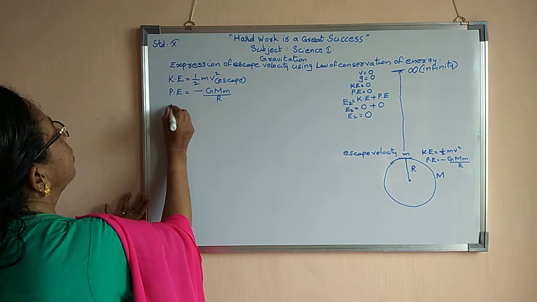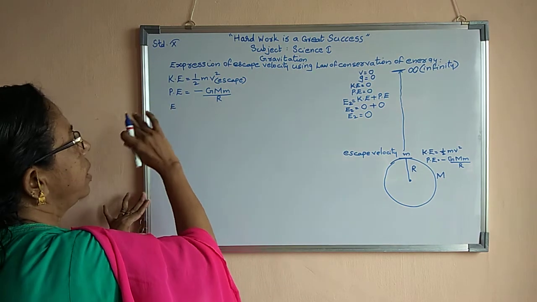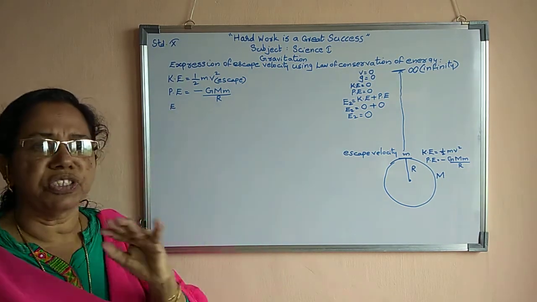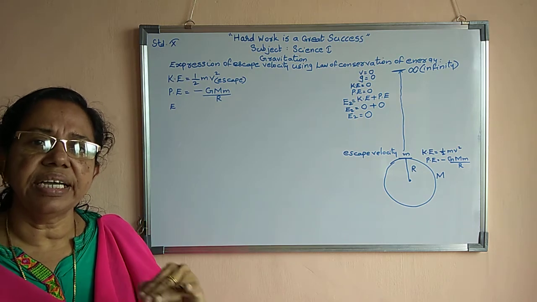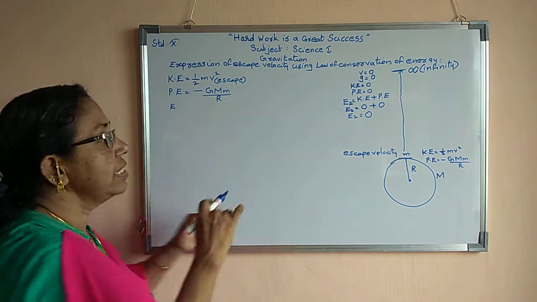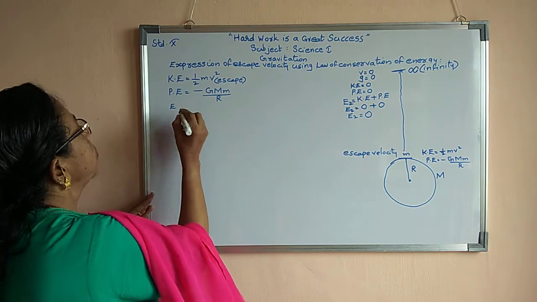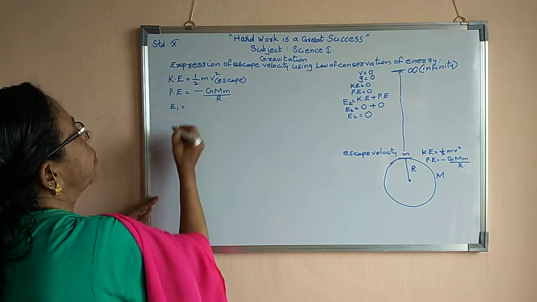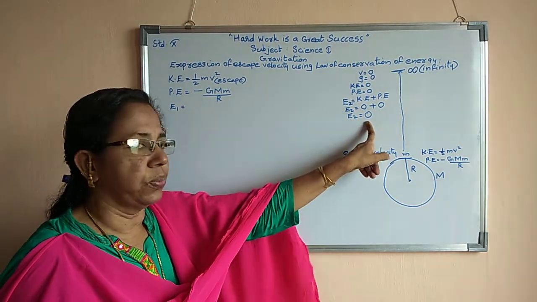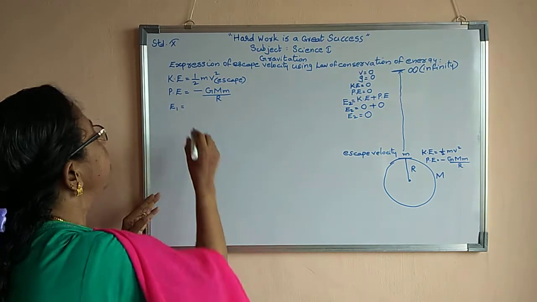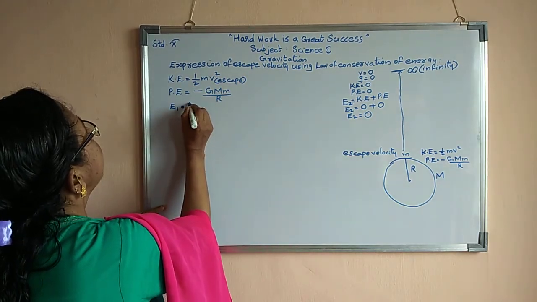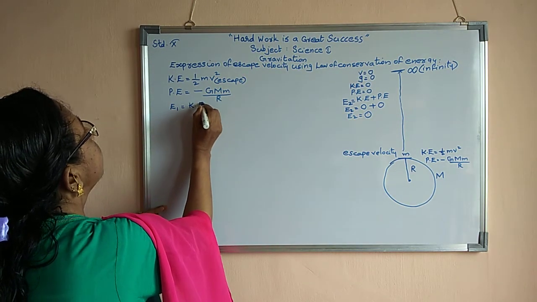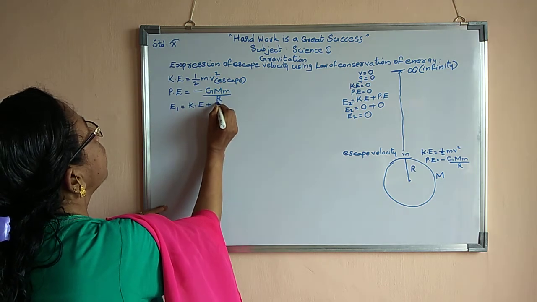Now we are finding E1. This is the total energy possessed by the body when it is on the surface of the earth. So E1 is equal to, because here I wrote E2, now I am writing E1, that is equal to Ke plus Pe.